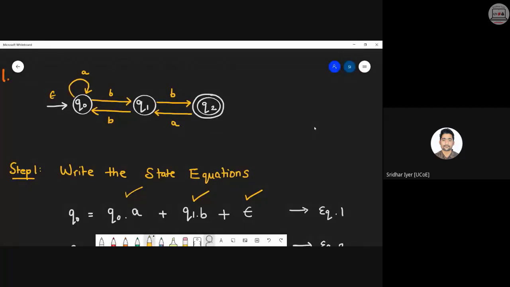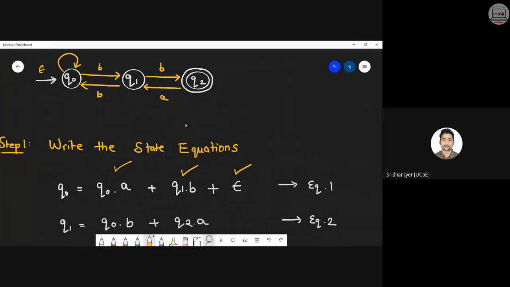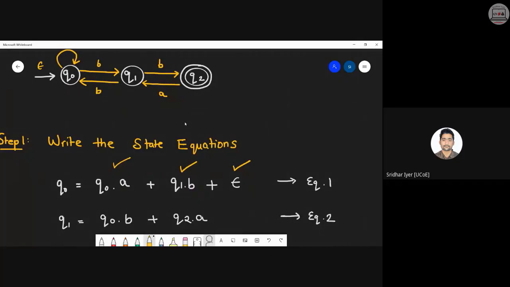Okay, so can you write the state equation for Q1 in the similar fashion and let me know what is Q1? Q1 will be Q0B plus Q2A, correct. Q0B plus Q2A.